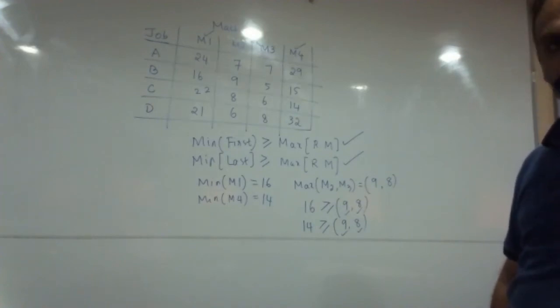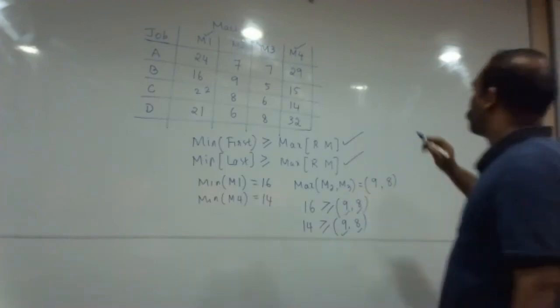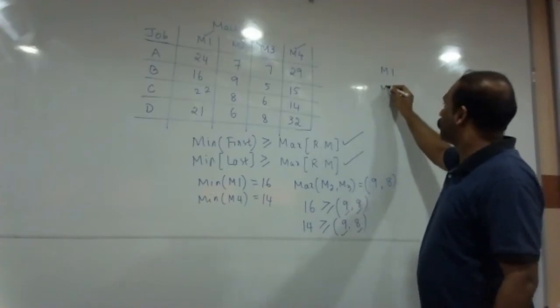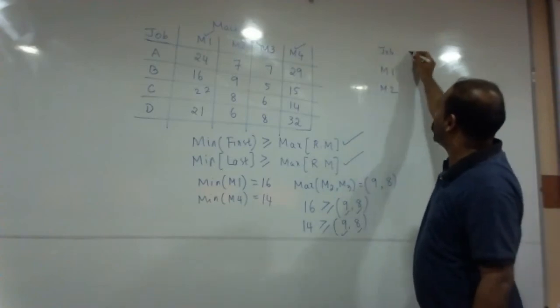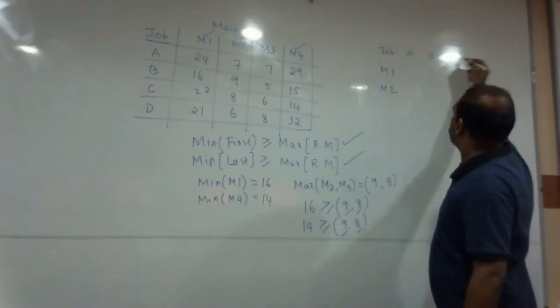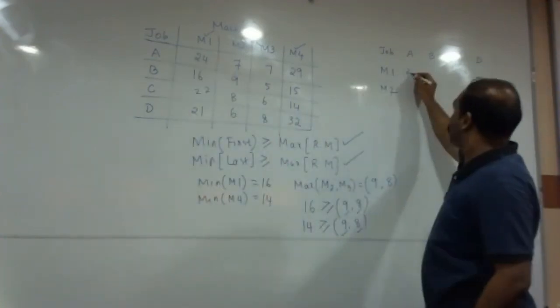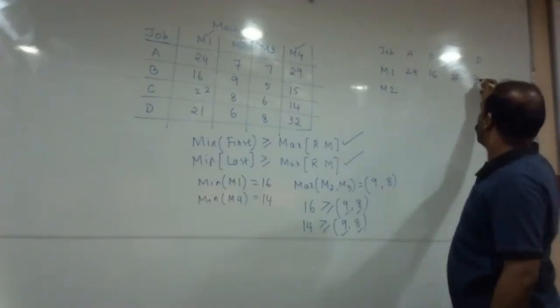Okay. So now I'm supposed to introduce two values. What are the two values I'm getting now? First is M1 and the next one is M4. Write the jobs: A, B, C, and D. The M1 values directly I can write down: 24, 16, 22, and 21.